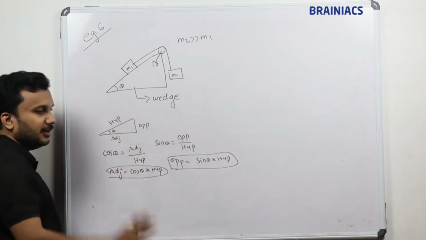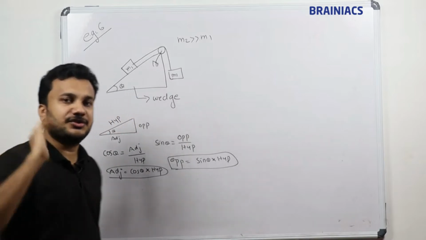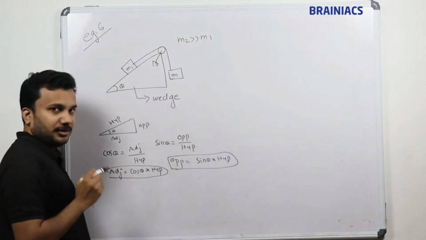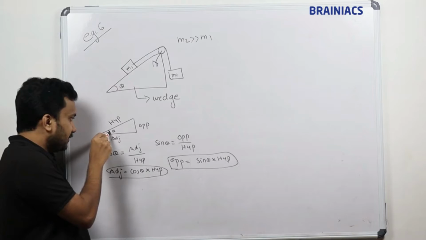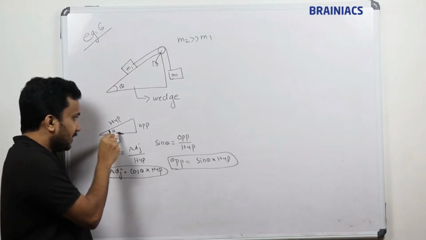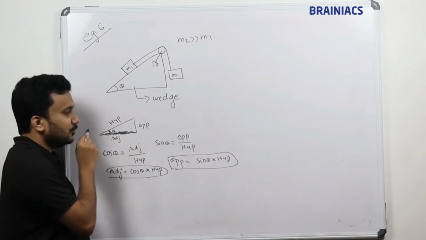This is very important. Throughout my journey in physics, I will use this in various places. What you want to remember while we are seeing this problem: this side, whatever I am shading here, is very close to theta.